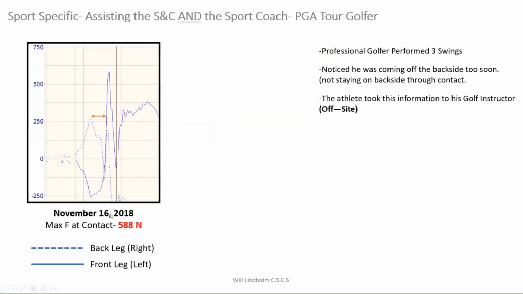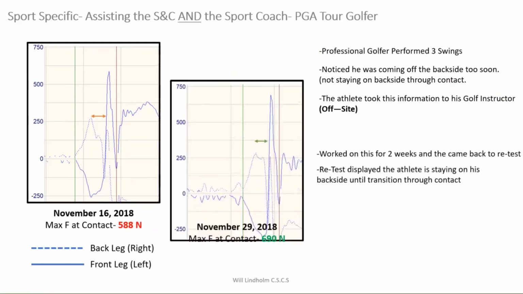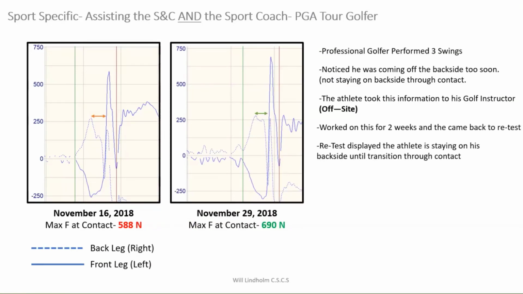This is November 16th, 2 years ago, and then this force contact on the front leg hits to create that rotation. It's 588 newtons. After 2 weeks, he eliminated that separation between the back leg and the front leg, and he's up almost 100 newtons, which is significantly higher and creates that torque.